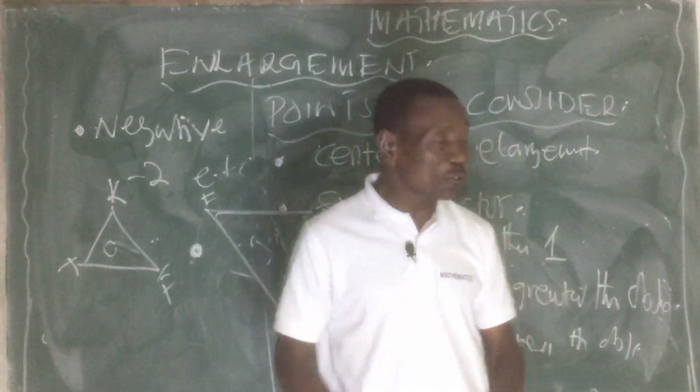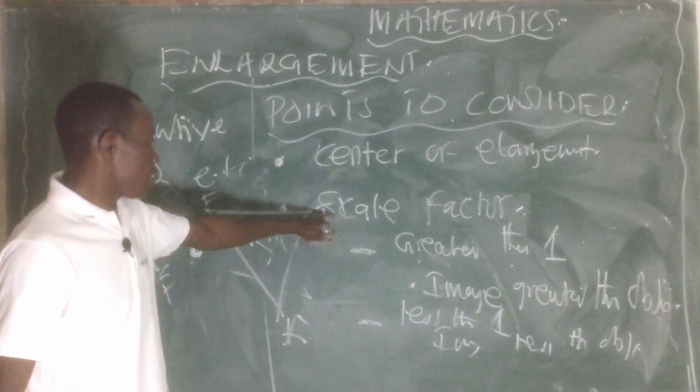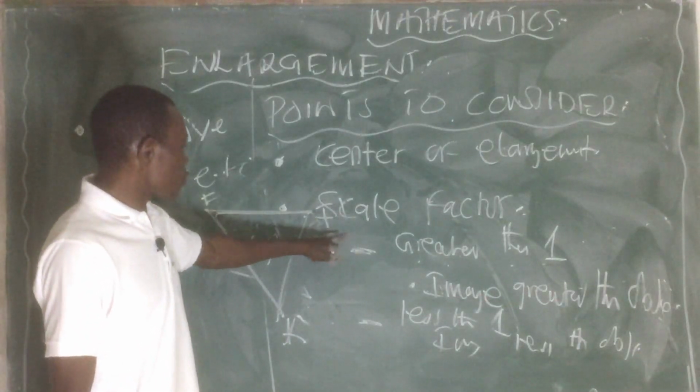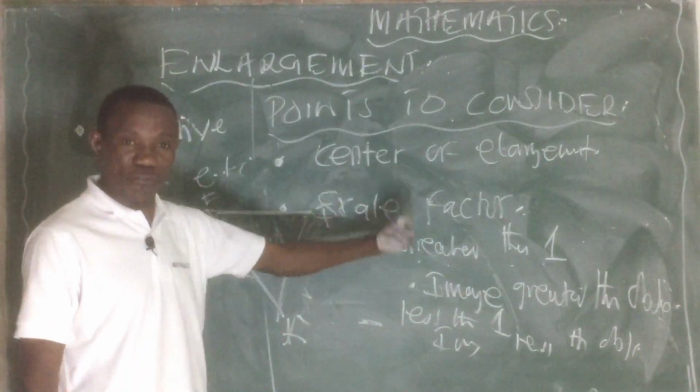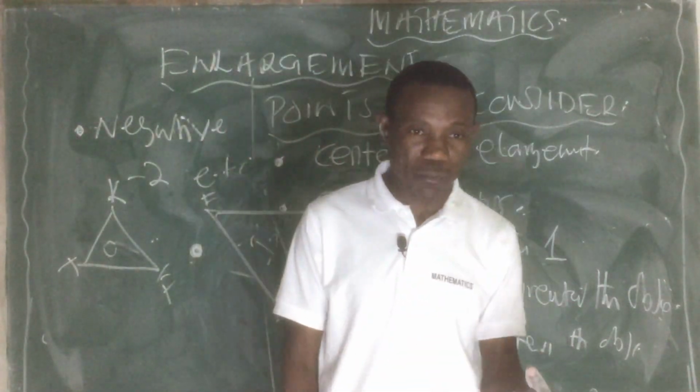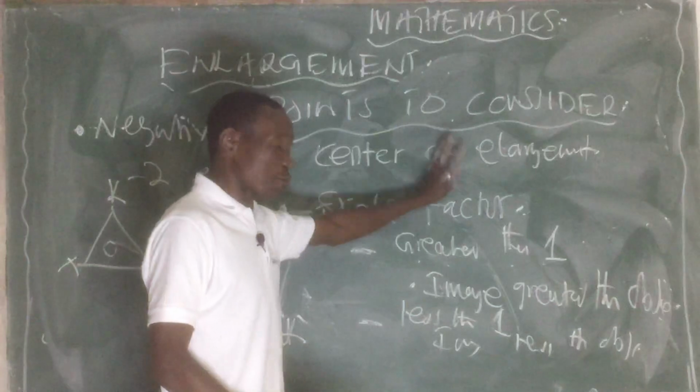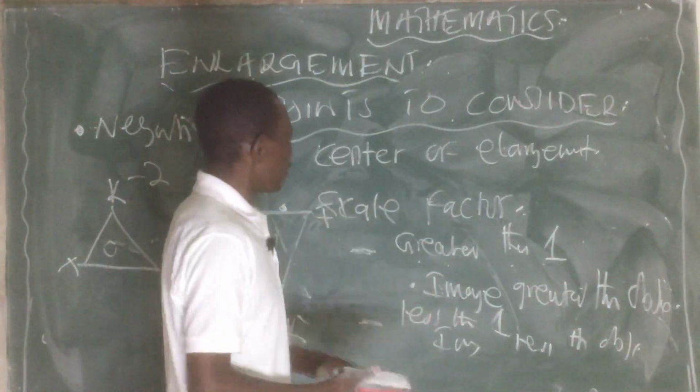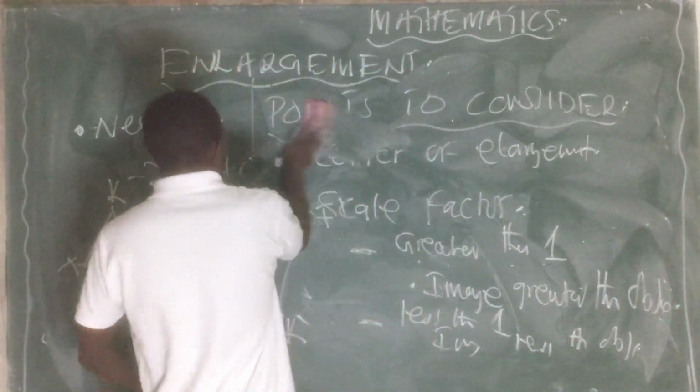We also need to obtain the scale factor. So you need to be able to know how to find that scale factor, given the two figures, the image and the object. It's just like I've explained, but now exactly on the ground, what is it?